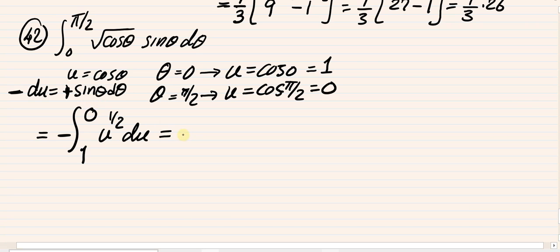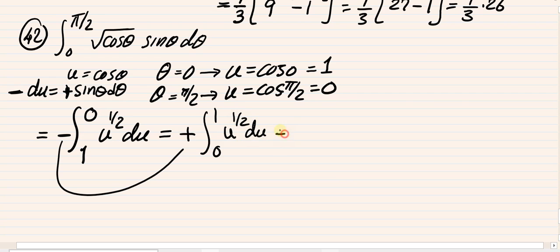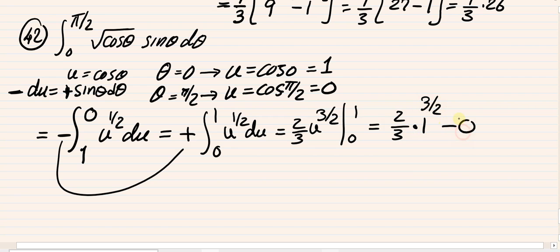So I'm going to change the limits of integration. That makes this negative turn into positive. 0 to 1, u to a half du. Now the integral of u to a half, again, u to 3/2, so that's going to be 2/3 u to 3/2. From 0 to 1, upper limit makes it 2/3 times 1 to 3/2 minus 0, the lower limit. The answer is just 2/3. Okay, so for number 42, that wasn't bad.